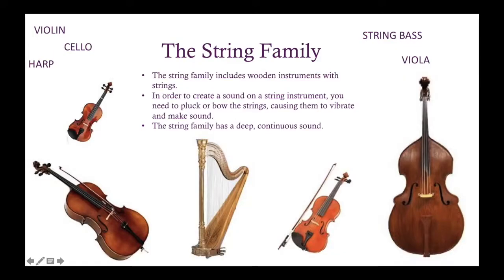All right, it's time to check our answers to the strings family questions. Number 1 was, what are some characteristics of the strings family? As you can see here, we have some listed. The string family includes wooden instruments with strings, so wooden strings. In order to create a sound on the instrument, you need to pluck or bow the strings, causing them to vibrate and make a sound.